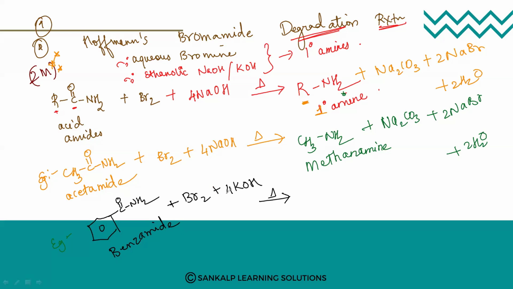So I've taken benzamide. We have taken an aromatic amide. We are going to treat it with aqueous bromine, and we are going to treat it with ethanoic KOH, potassium hydroxide. Yes, students, what are you going to get?